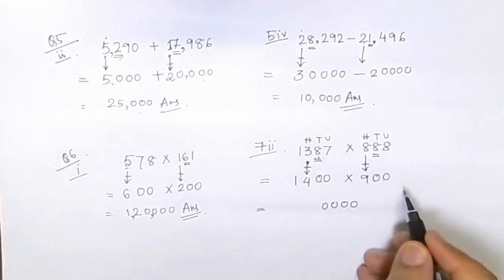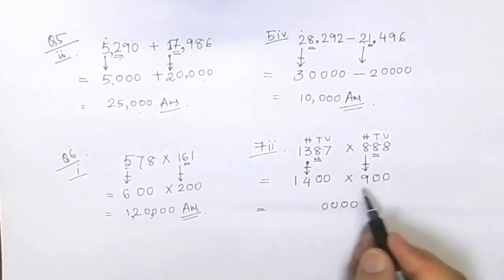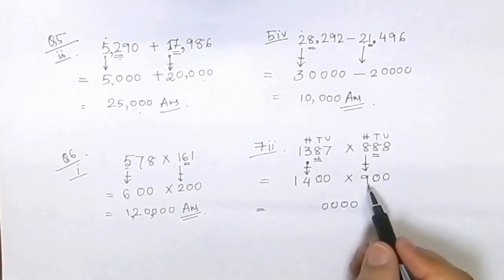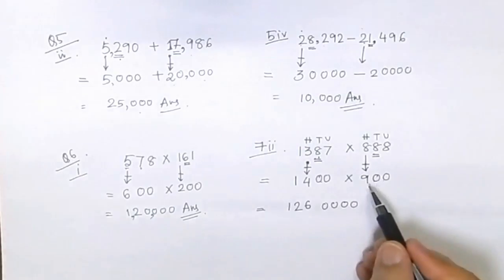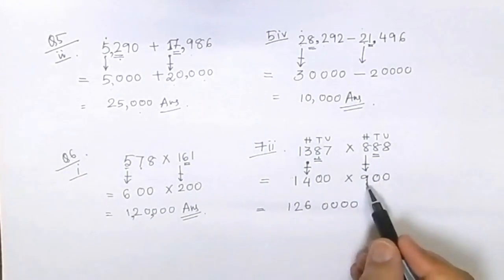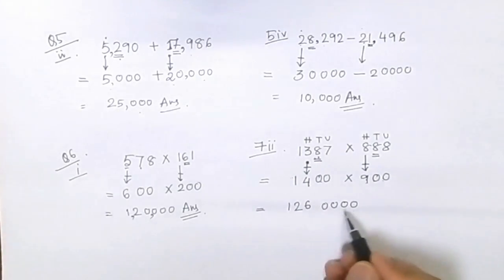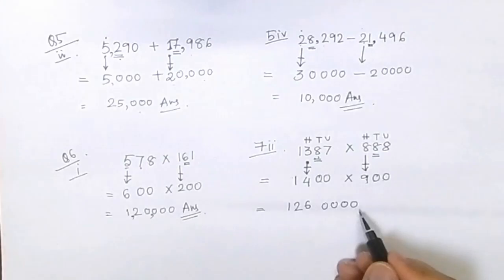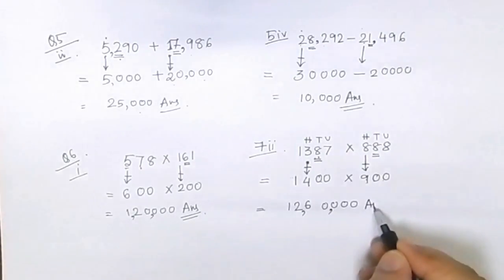We are going to put all the 4 zeros and then we are going to multiply. So in this case 14 into 9 will be 126. See, 9 4s are 36, carry 3, 9 1s are 9 and 3 will be 12, so 126. So that is 12,60,000. This is the answer.